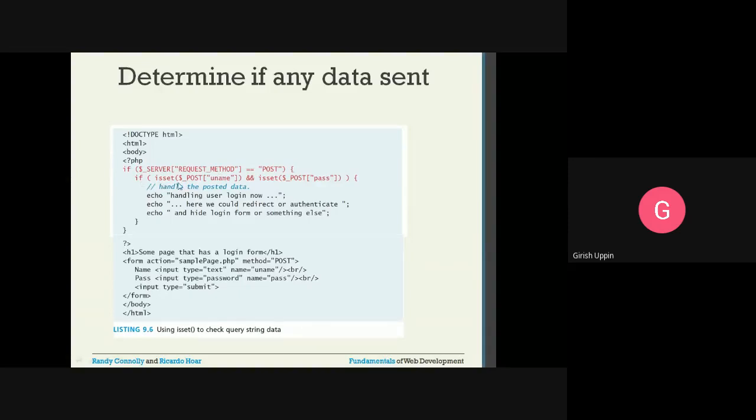And second, isset, which we already saw, is used in the case of arrays to check whether there is any content or not. isset($_POST['uname']): you are checking that the user has entered some value in that particular text field, and you are checking whether the user has entered the password or not. If both are true, then you are going to do the rest of the functionality, like handling user login, and whatever you want to show.